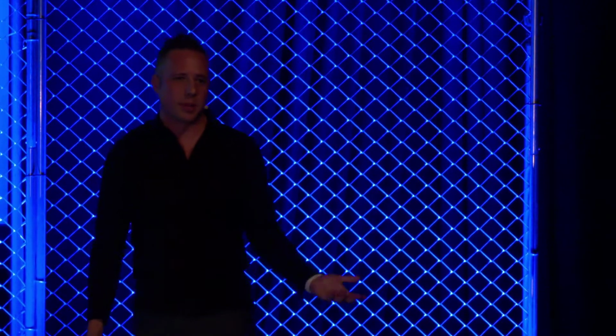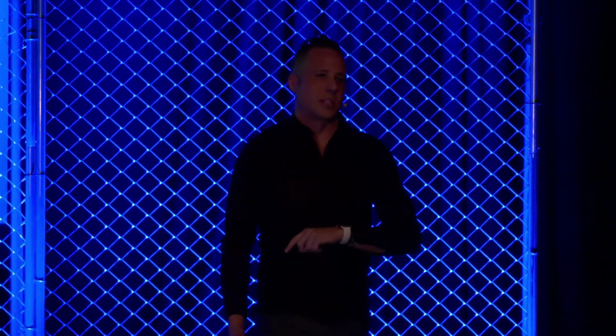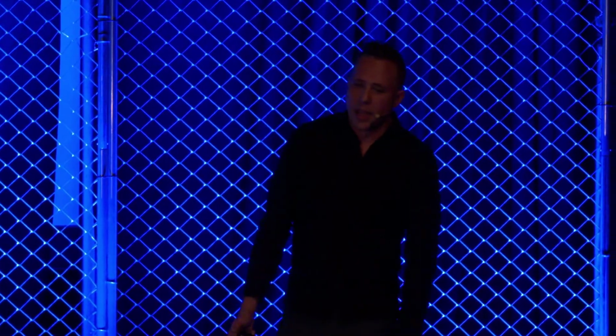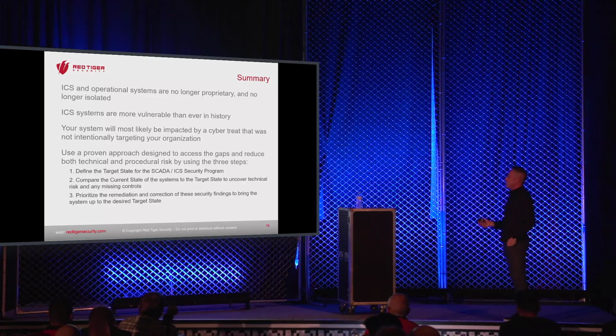We do have some customers that were hit by ransomware and their plant had to shut down to rebuild all these systems. And the threat actor wasn't targeting them with the ransomware. The ransomware was actually just opportunistically spreading, and it hit their IT network, and then it rolled into their plant network. So make sure that you understand where your risks are so that you can reduce the chance of these types of attacks impacting your operations.